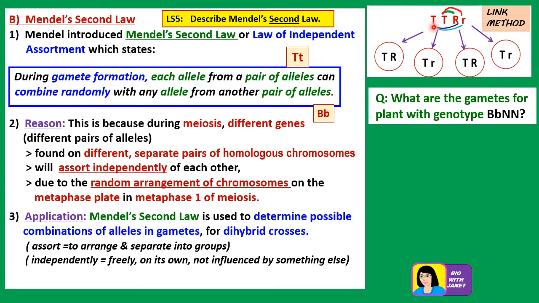So, for example, any allele from this first pair of alleles, big T, can combine randomly with any allele from the second pair of alleles, which is big R, small r. So big T combines with big R, you will get this gamete with this combination of alleles, and then big T with small r. So the second gamete has the alleles big T, small r.